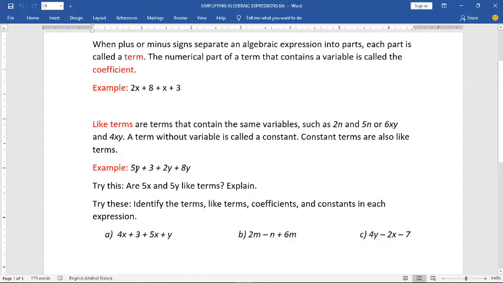We have 5 here as a coefficient. We have 2 here as a coefficient, 8 here as a coefficient, and 3 that stands by itself is a constant.